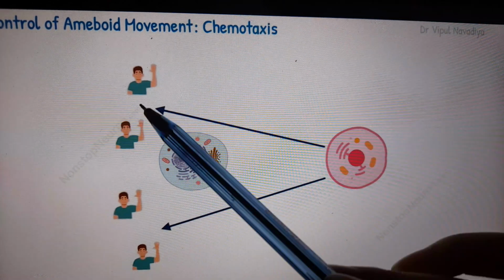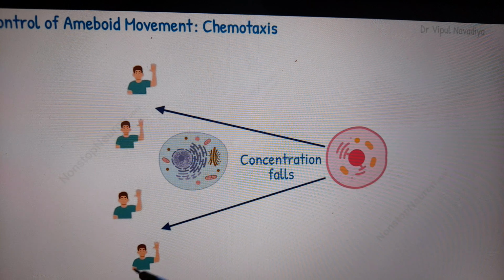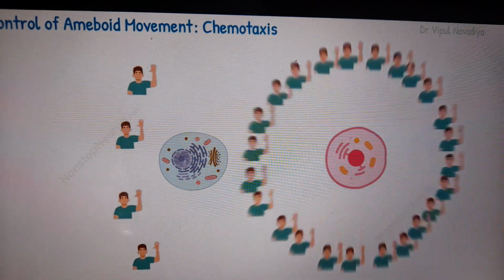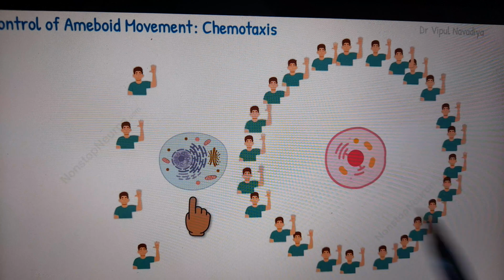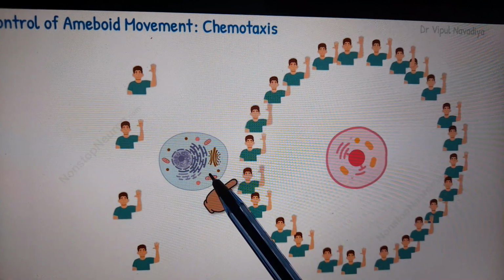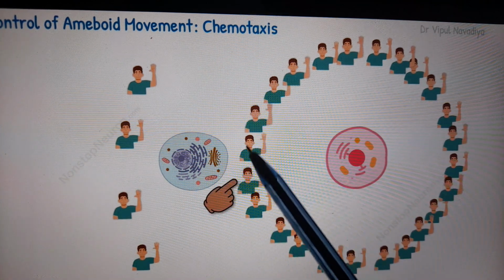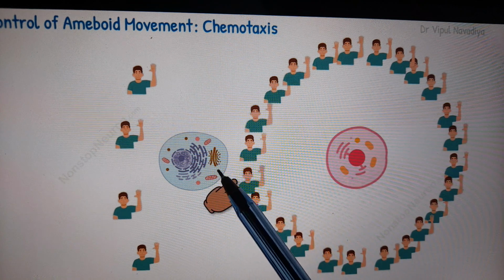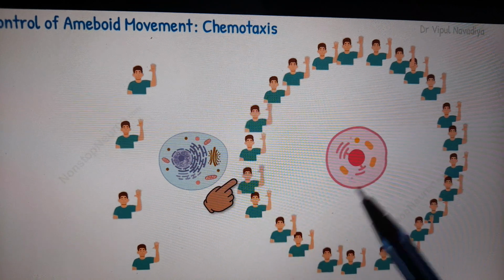chemotaxis process. Now these are the chemotactic particles. The cell moves towards the area where the chemotactic particle concentration is higher, forming its pseudopodium.